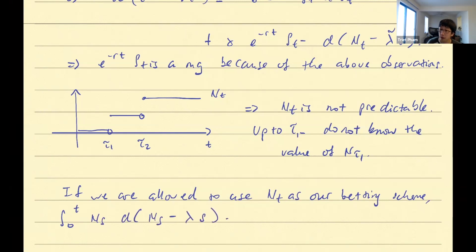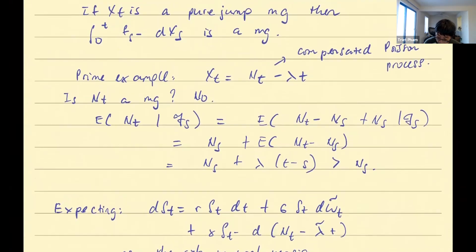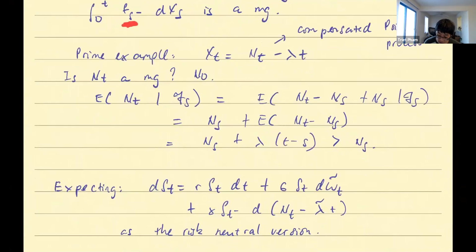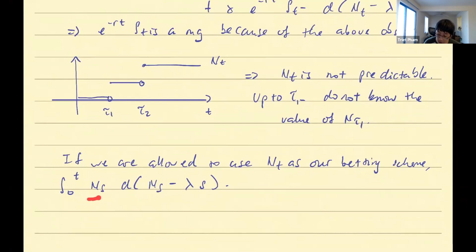All right. So in other words, you see right here, this F_s, what I was doing is I just used the Poisson process. Then basically, because I'm allowed to use this in my betting scheme, I have access to the future. Then basically I can anticipate what value the Poisson process will be when it jumps.